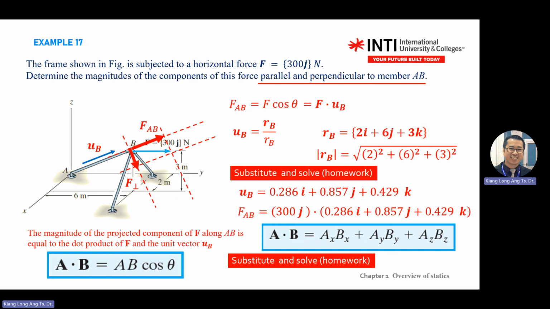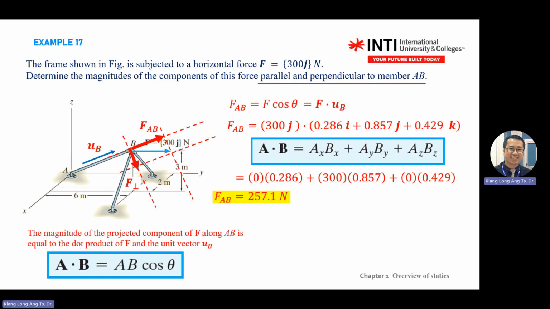Of course, maybe it's safe to write everything in 3D form. If you don't have X, you just write 0I plus something J plus 0K. It is better to practice this if you are not very confident in IJK multiplication.